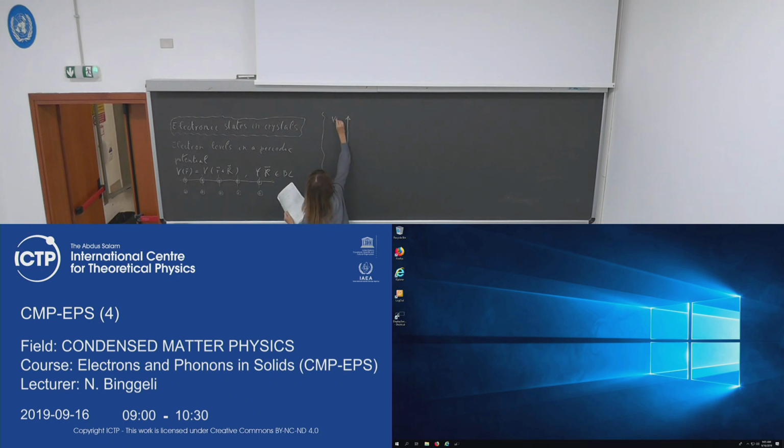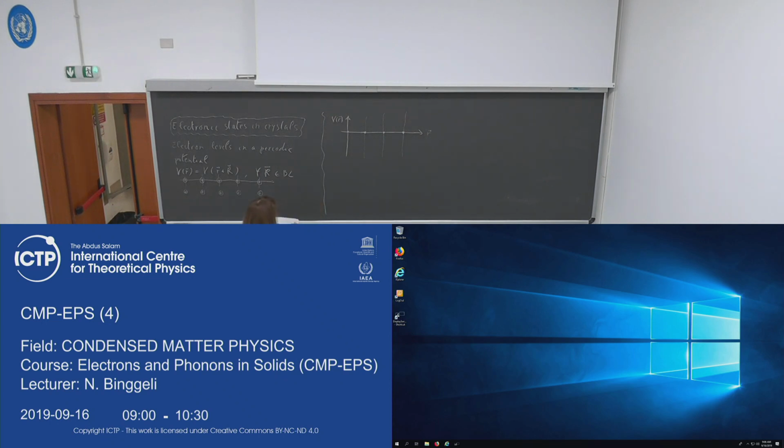So I'm cutting the potential here, V of R. This is my axis, and I have the position here of my nuclei, and this is my direction.